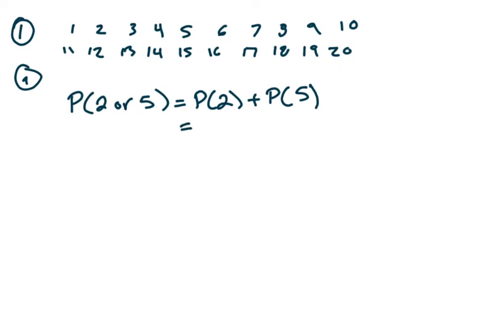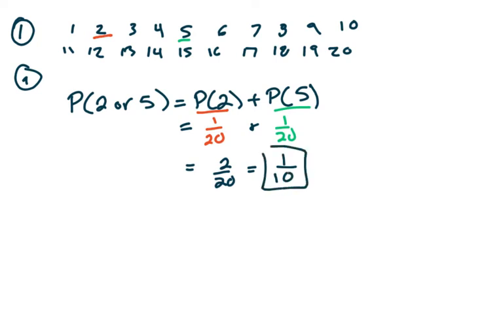Well, there's only one 2, so this is 1 out of 20, plus the probability that we land on a 5, there's only one 5, so plus 1 out of 20. So we get 2 out of 20, which reduces to 1/10. So the probability that we land on a 2 or a 5 is 1/10.